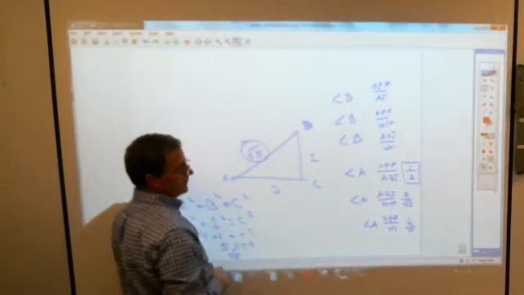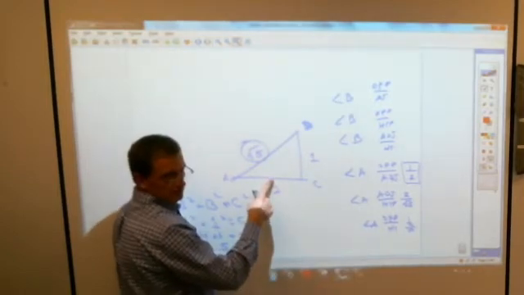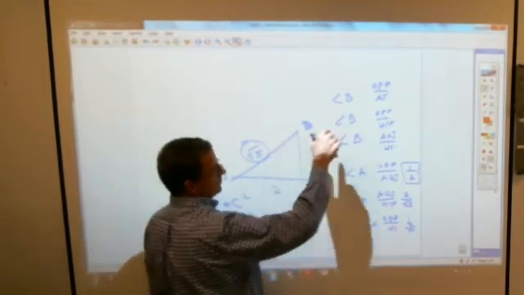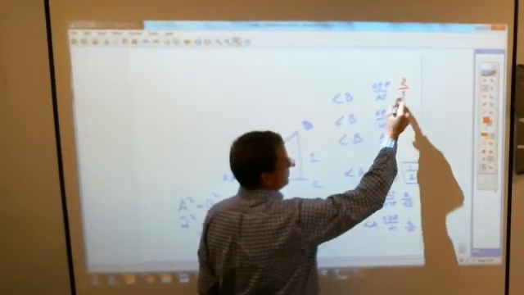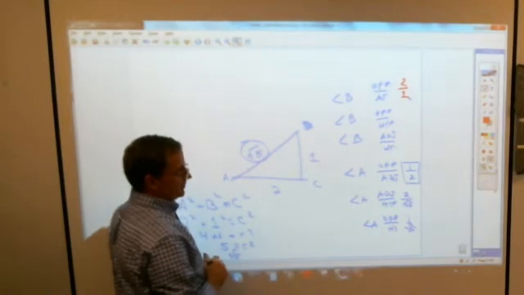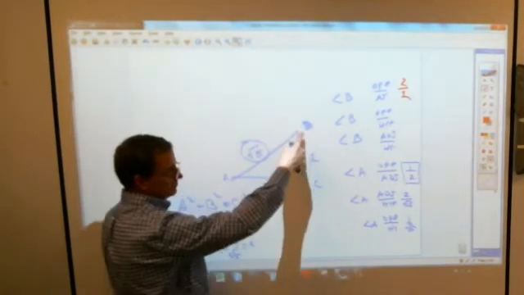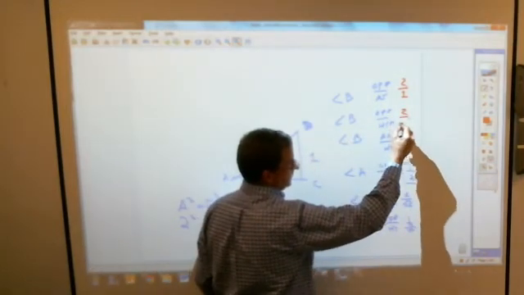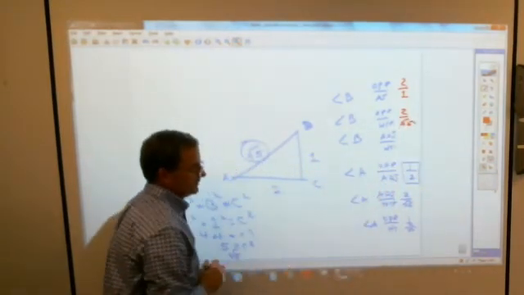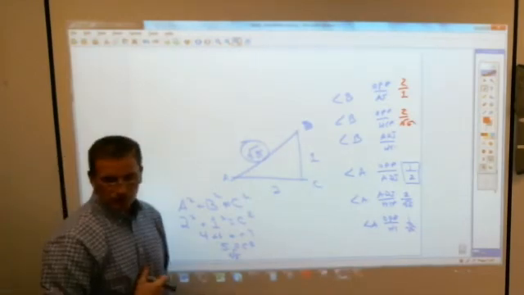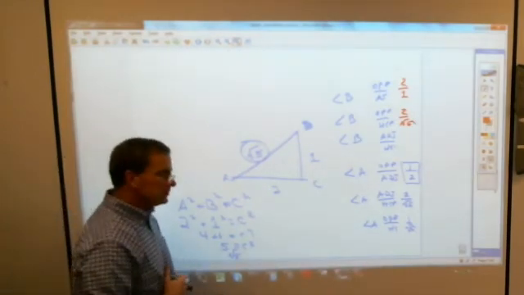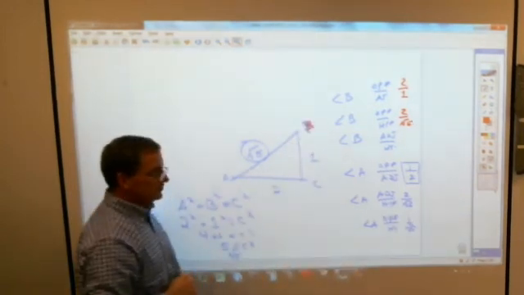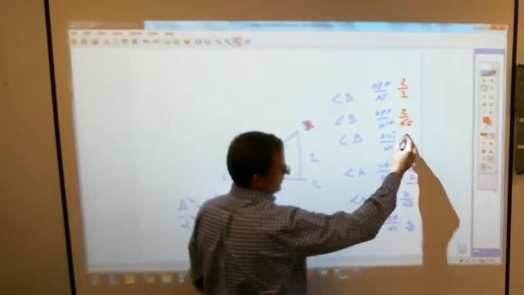Opposite is 2, adjacent is 1, so opposite over adjacent is 2 over 1. What's opposite over hypotenuse? 2 over the square root of 5. And the last one, adjacent over hypotenuse, is 1 over the square root of 5.